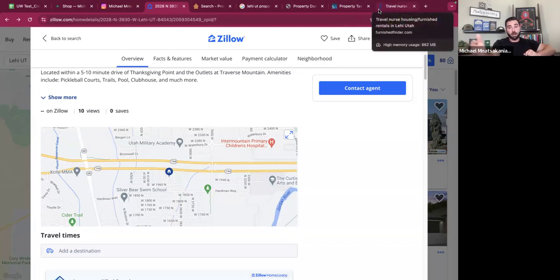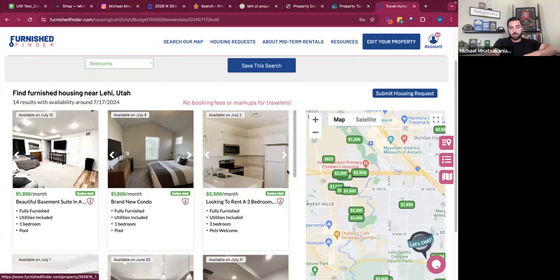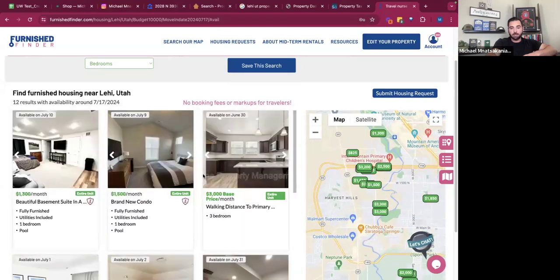You get your occasional doctor who needs a bigger home, but usually it's them and a partner and they really only need 2 beds at most. So I'll say the additional bedrooms don't make a huge difference, but we see a 3-bedroom literally right next to yours at 2,500 a month, not nearly as nice, right?